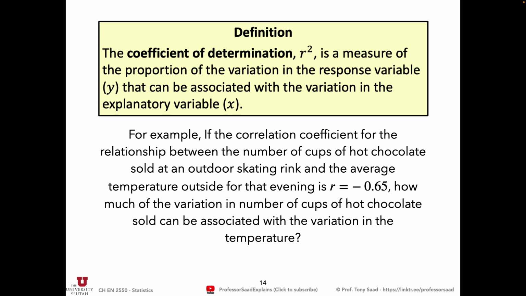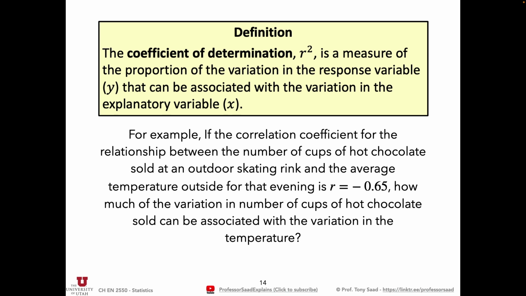This is here given to us before we even do regression, and it comes from a statistical analysis, a little more advanced. The coefficient of determination is a measure, so this is a different definition than we saw in numerical methods, and this is actually a really cool definition. It's a measure of the proportion of the variation in the response variable, in the y values, that can be associated with variation in the explanatory variable.